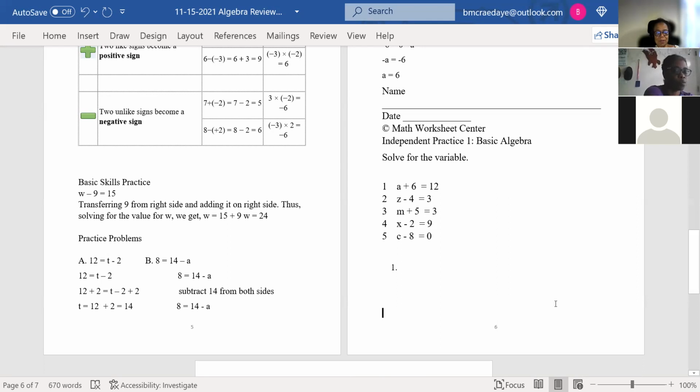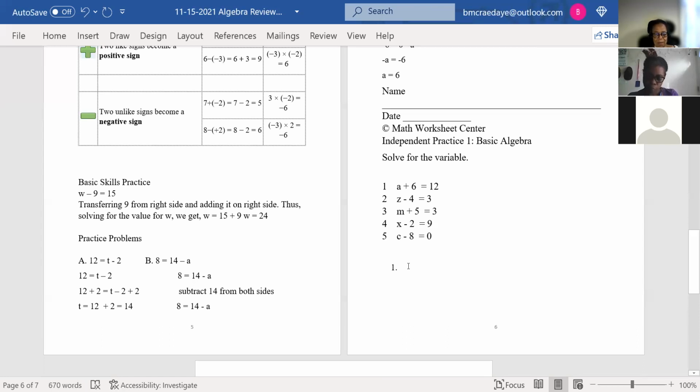M plus 5 equals 3. These are your variables, Maureen. A and number 1, Z and number 2, M and number 3, X and number 4, and C and number 5.